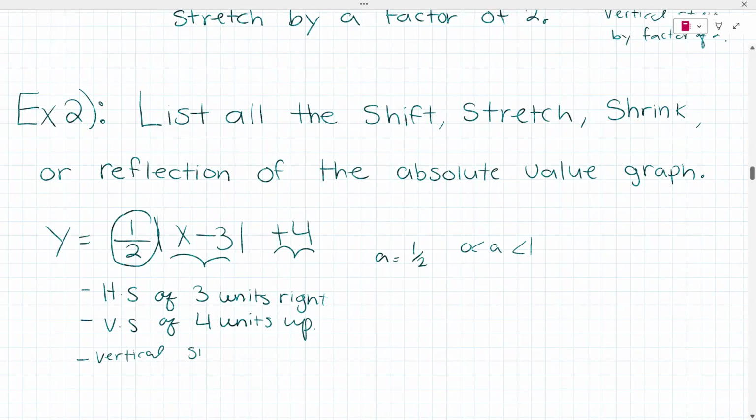Vertical shrink by a factor of 1/2. Okay, that is example 2.